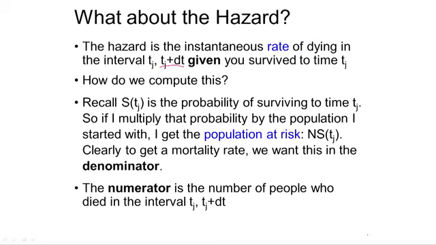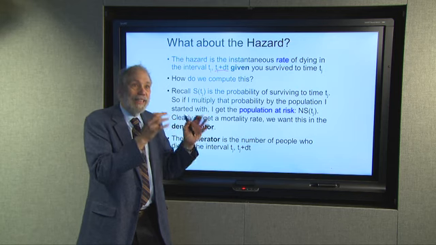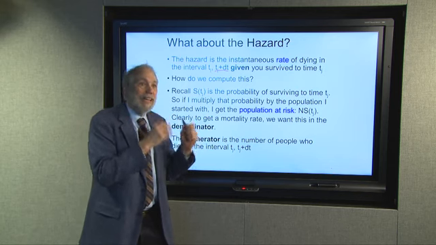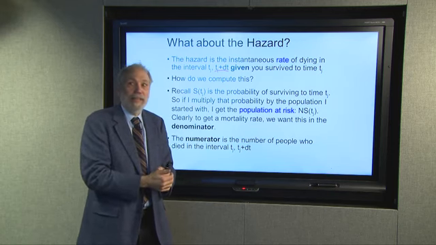And what's the denominator? Well, the denominator is the people who were at risk of dying in that time interval. So if you died before t sub j, whatever that time is, you're obviously no longer at risk. And so what I want to do is calculate the rate of dying given that you survived up till time t sub j.